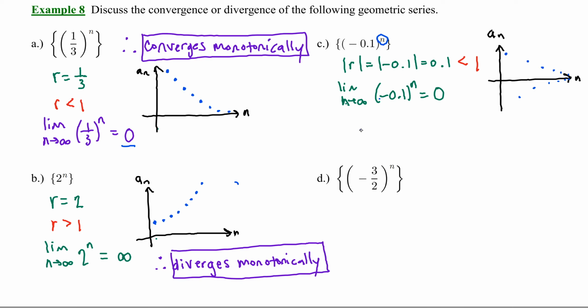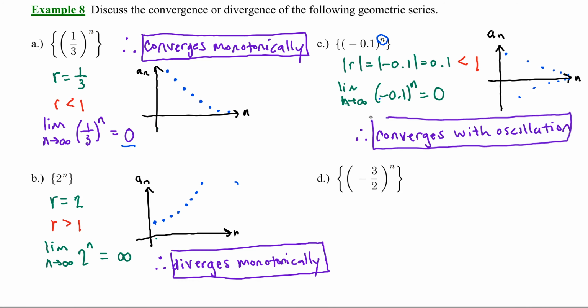So the way that we describe this behavior, we say the sequence converges. Remember, it converges because the limit is finite. It converges to 0, but we say it converges not by, but with oscillation. A negative base causes an oscillating sequence.